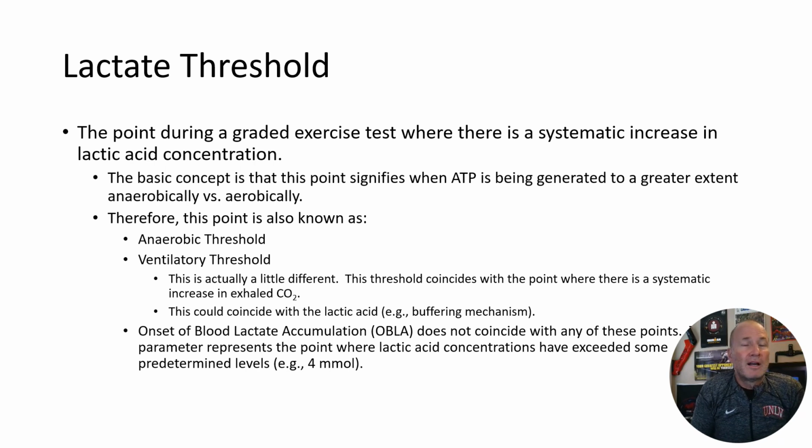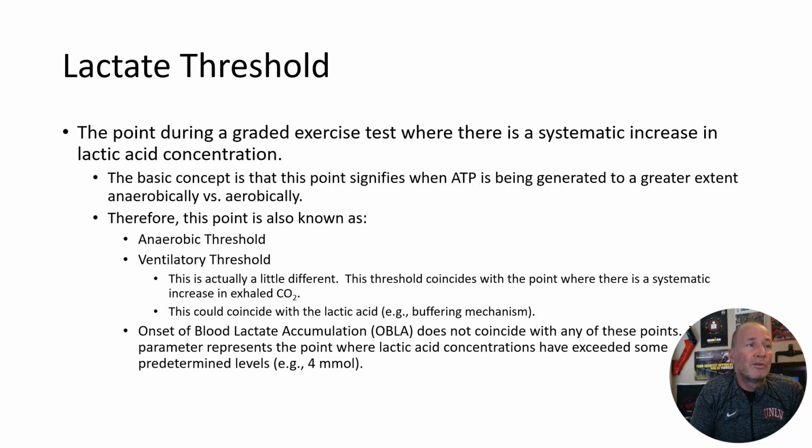So something that is really common to look at when evaluating both the aerobic and anaerobic metabolic pathways is to look at the lactate threshold during a graded exercise test. And this threshold exists, it's real. There are often disagreements in terms of how to actually identify it, but it is a phenomenon that does happen.